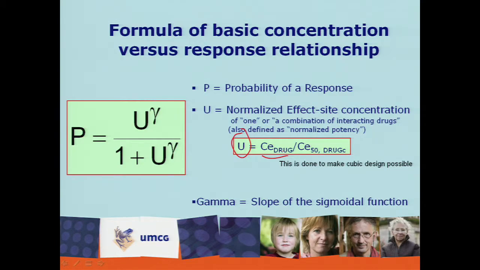So the probability of having a specific response is the combination of that specific potency powered by the gamma, the slope of the curve, divided by 1 plus that U to the gamma. So this is the basic formula to give you an idea of the potency of one drug or multiple drugs. The gamma is, of course, the slope of the sigmoidal function.